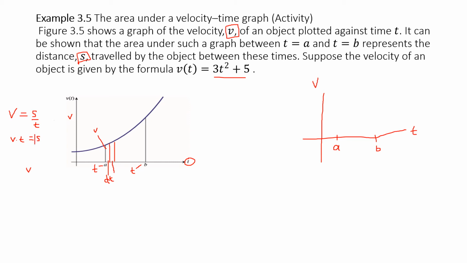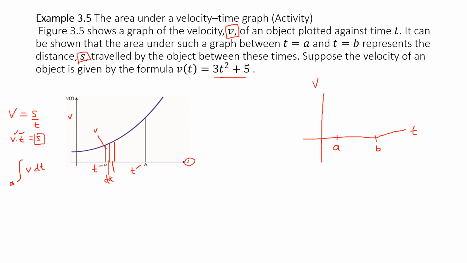Look, v multiplied by t, so v is height and dt is width, so it is the area of one small rectangle, but we will divide this into many small rectangles.